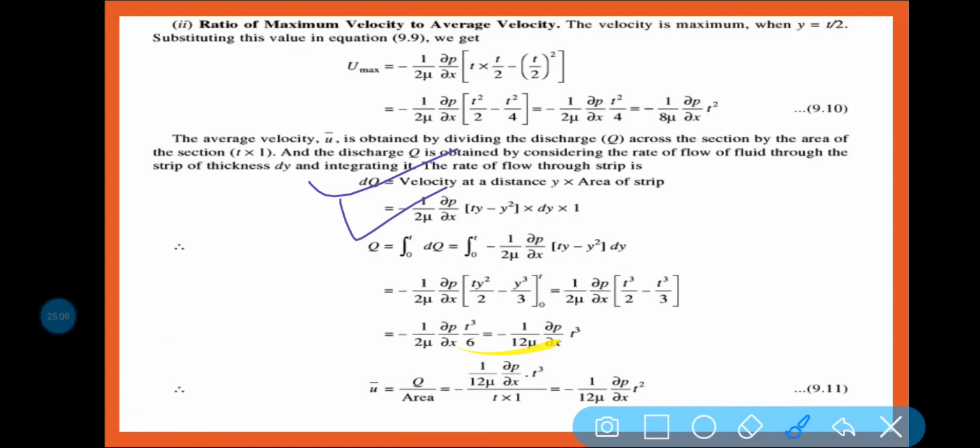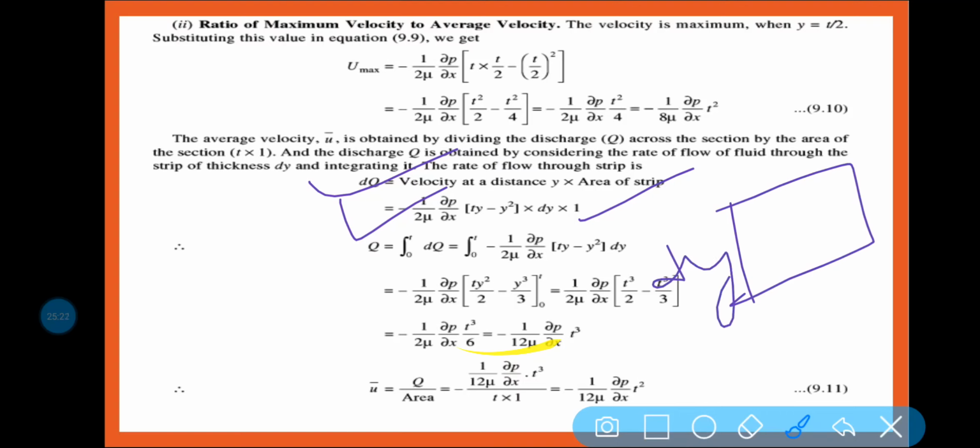The velocity is 1 by 2 mu del p by del x into (t dy minus y square) into dy into 1, because the small strip dy is taken and the width is equal to 1, isn't it?